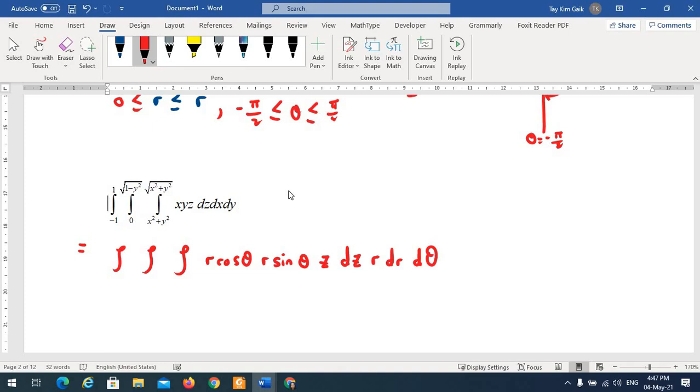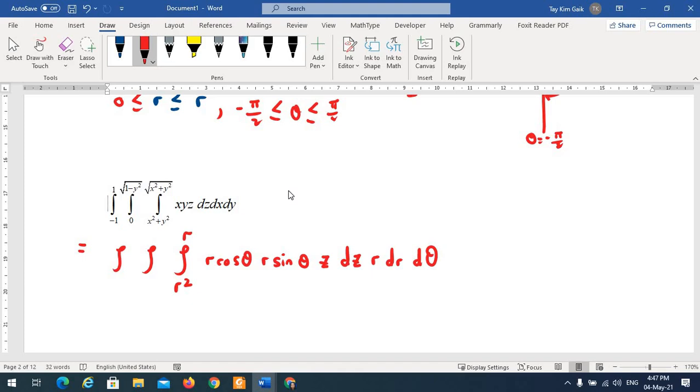Okay. After that, limit of z, we can directly convert x squared plus y squared equal to r squared. Square root x squared plus y squared will get back r.